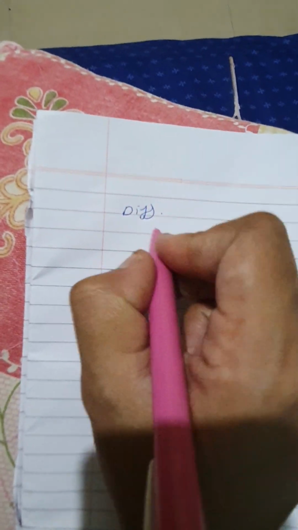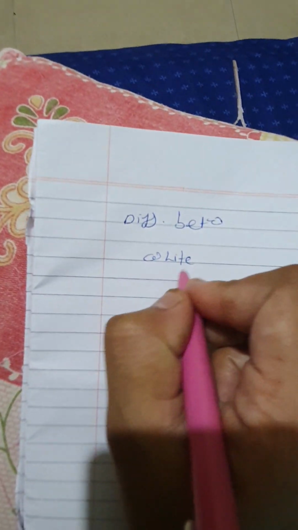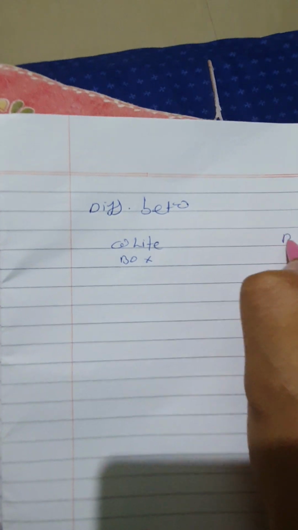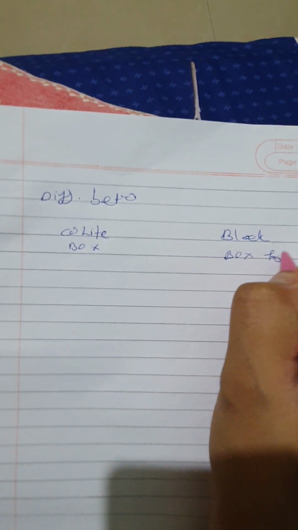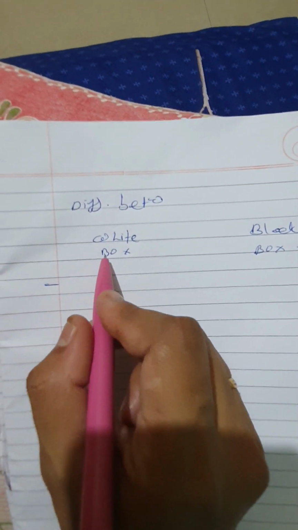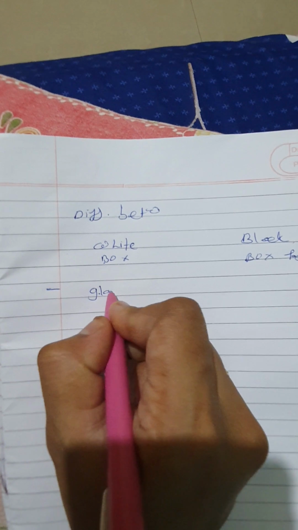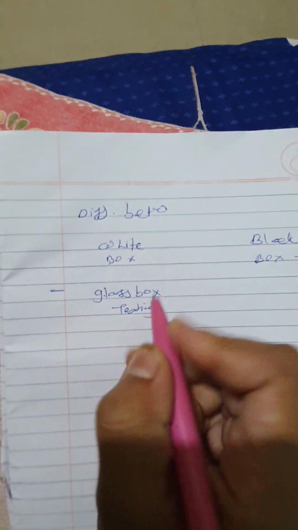Next question is the difference between black box testing and white box testing. First difference: white box testing is also called glass box testing. Why is it called a glass box?